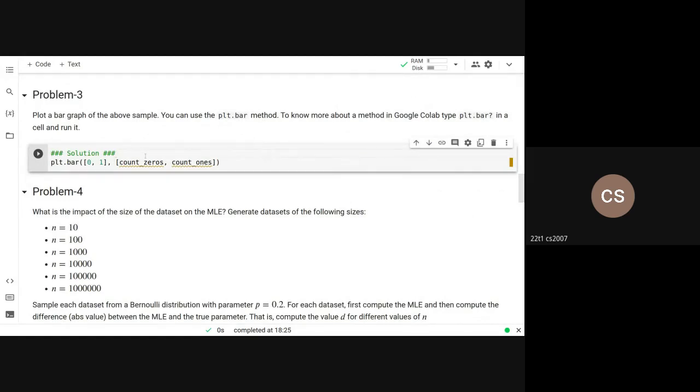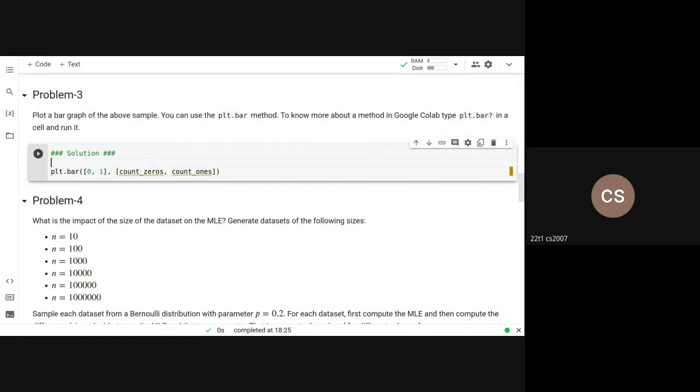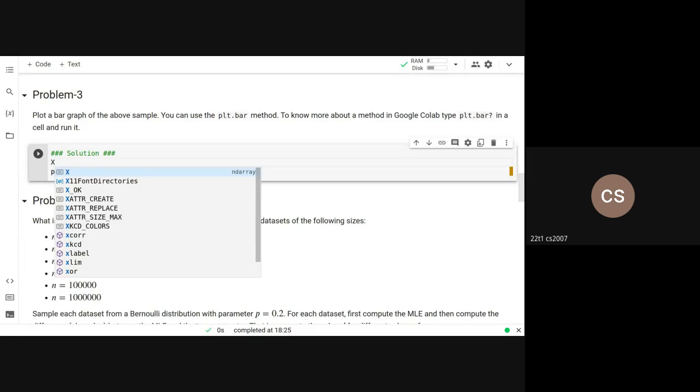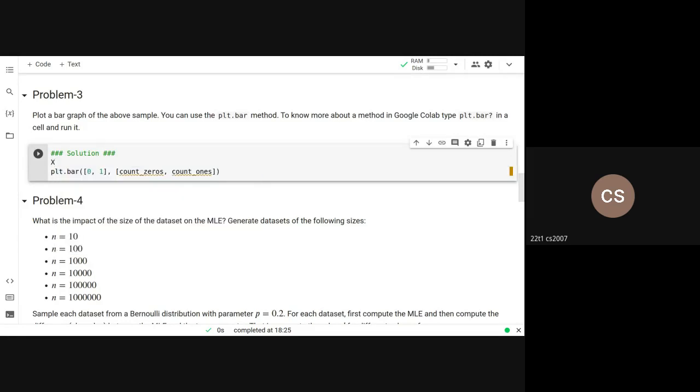So how do we count the number of zeros here? x is the data set. You tell me how to do the count part. Length of x minus x dot sum.